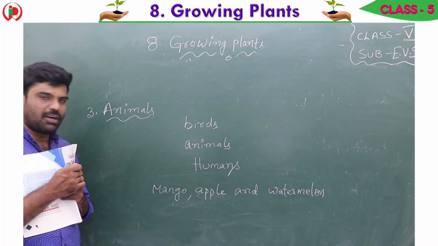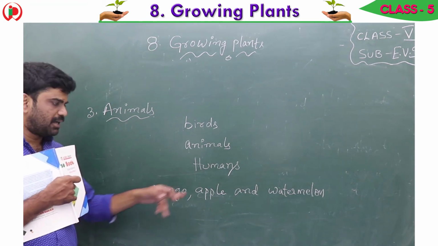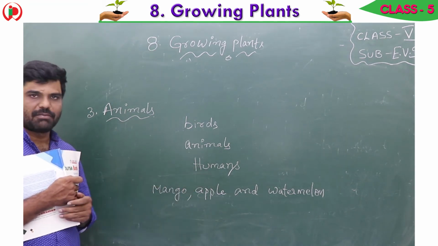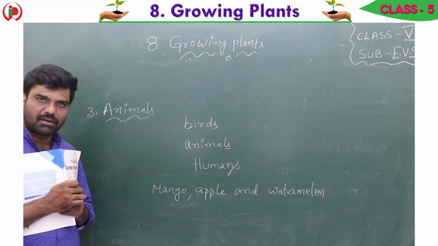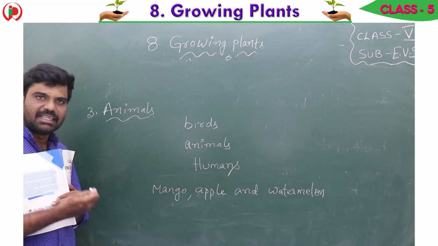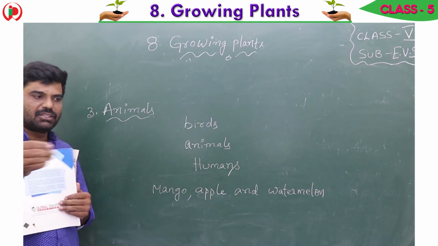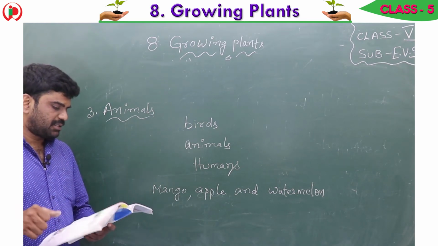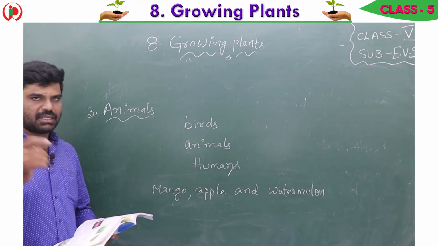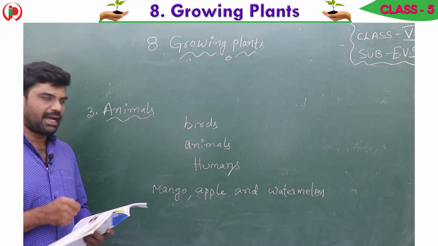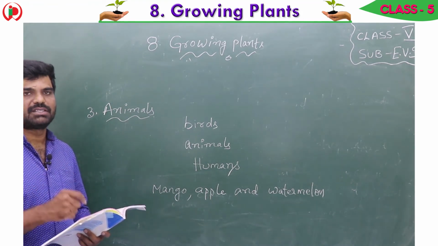See, after eating, what will we do? The mango seed or the apple seed or the watermelon seeds we throw away. Am I right or wrong? Yes. After eating these juicy and fleshy fruits, we throw away their seeds. So that is how the humans and animals help in dispersal of the seeds.